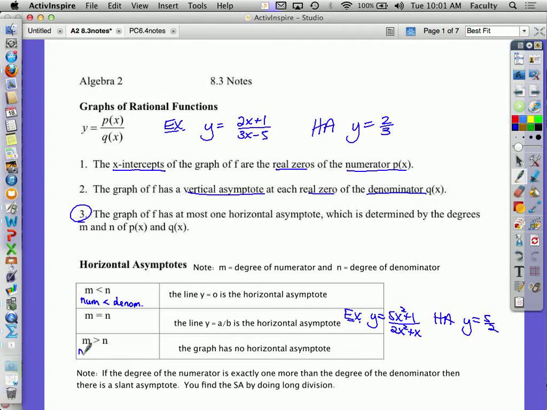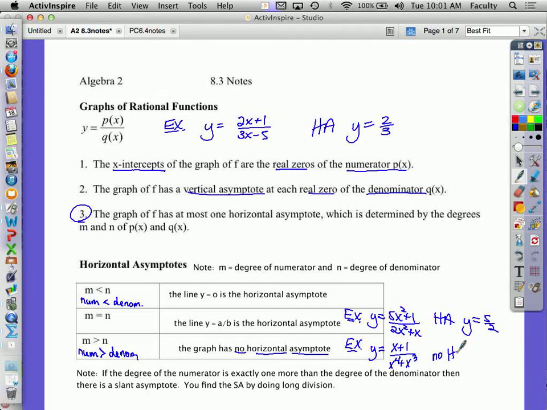Now, if the degree of the numerator is greater than the degree of the denominator, there's no horizontal asymptote. So let me show you an example of how that can happen. I could give you y equals x plus 1 over x to the 4th plus x cubed. There's no, oops, I did that backwards.